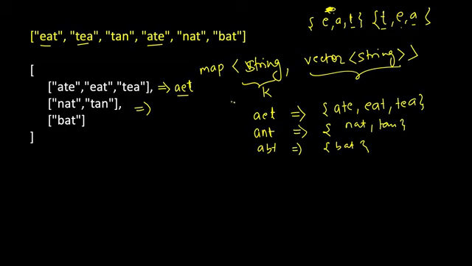Once we have this hash map, we can iterate over this map. I will iterate the first key, I will get this one. The return type of this function, you can clearly see, is a vector of vectors, so its return type is vector of vector of string.